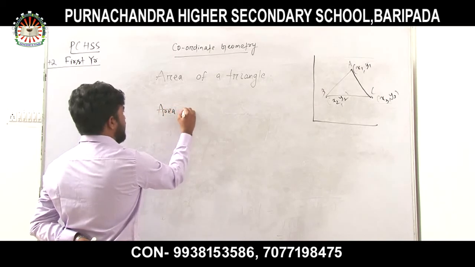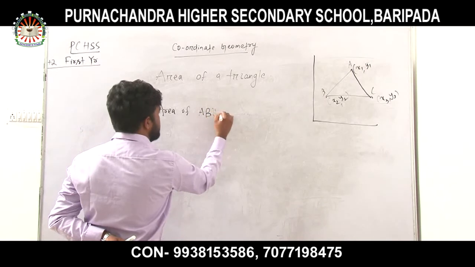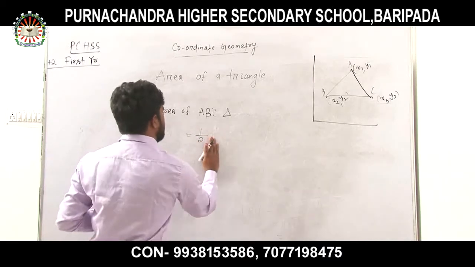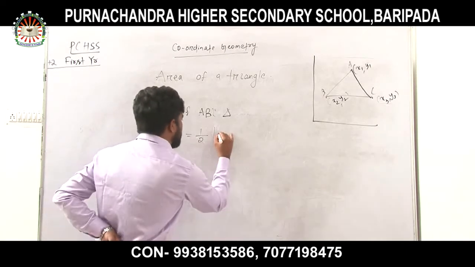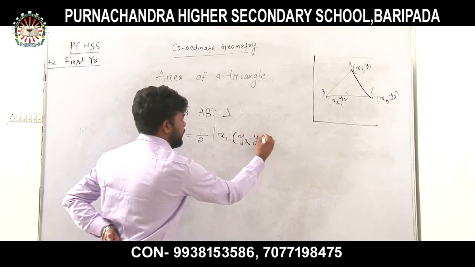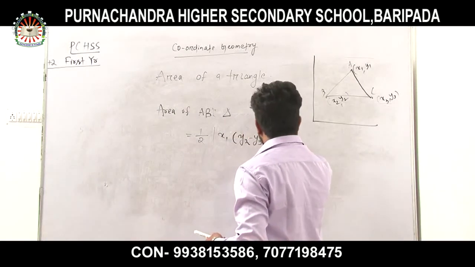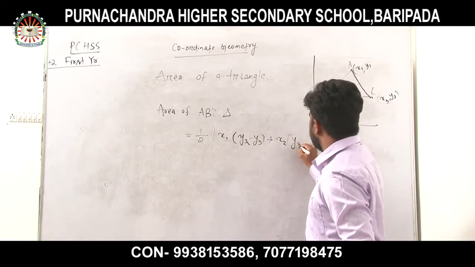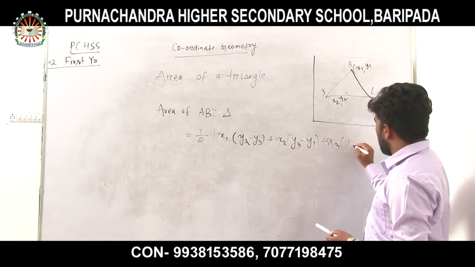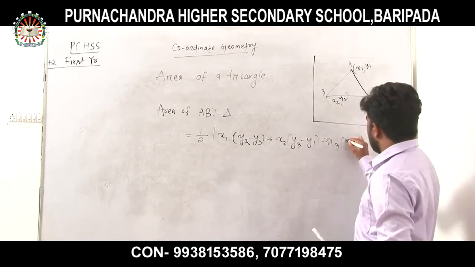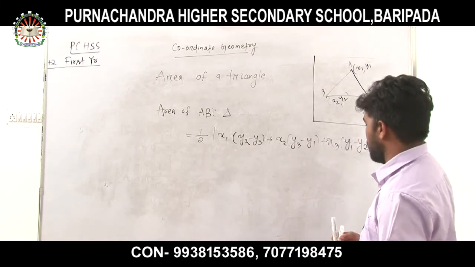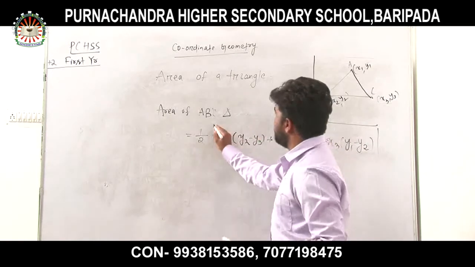Area of triangle ABC is equal to half of x1 into (y2 minus y3) plus x2 into (y3 minus y1) plus x3 into (y1 minus y2). We take the modulus, that means it is always positive.